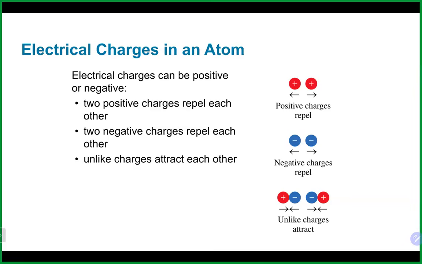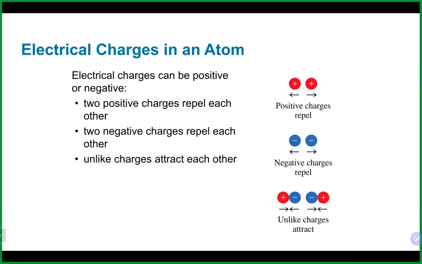But when we get opposite charges, a positive and a negative, they are attracted to one another. That's the basis of a lot of attraction forces and how molecules interact with one another: opposites attract.